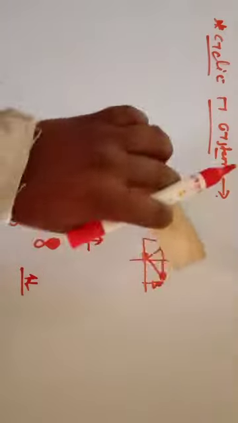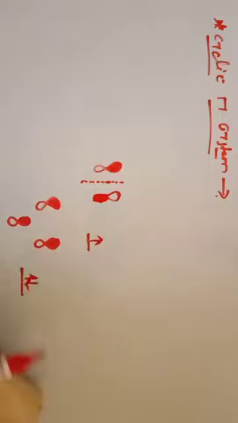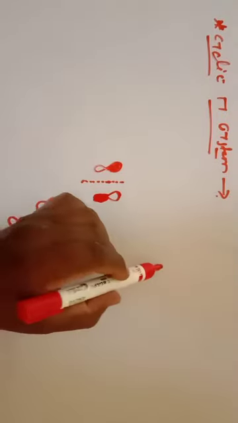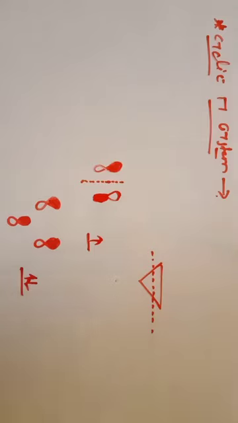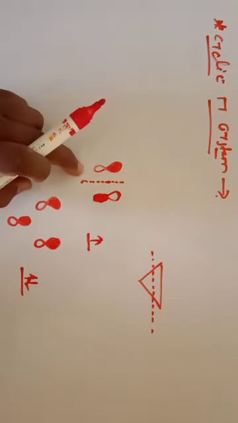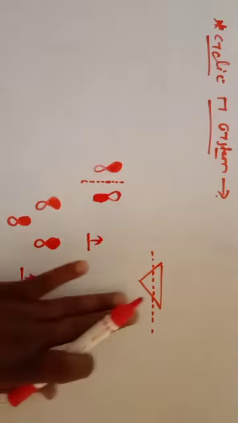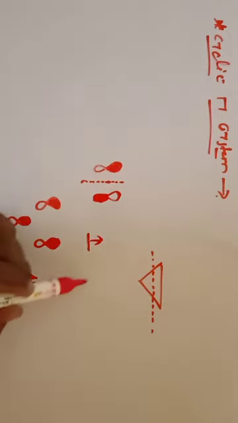Similarly, if you consider another pictorial representation of this system, there is another node also present which bisects the molecule, not symmetrically, but it bisects the molecule, and this node is also perpendicular to the plane of the molecule. So this wave function has one node, and this wave function also has one node, and therefore they are of equal energy.